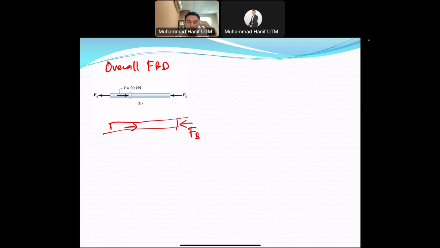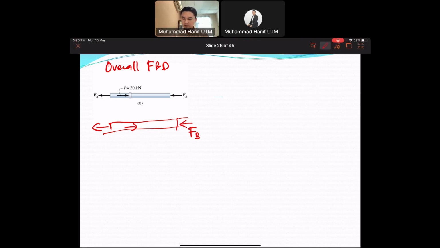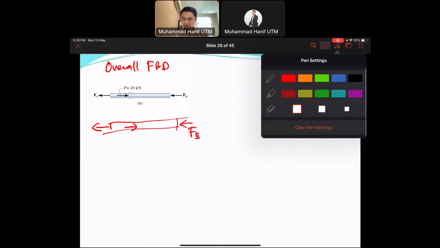At point A, when we have force P equal to 20 pointing to the right side, to stabilize the position, we have to pull the 20 kilonewton, so it will be in the opposite direction, like this way. So this is how we make the direction of the internal load. Sorry, let me erase this one.